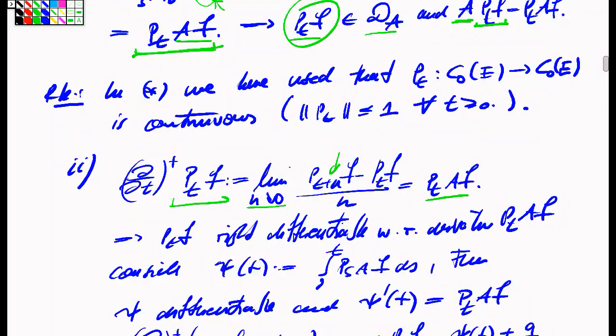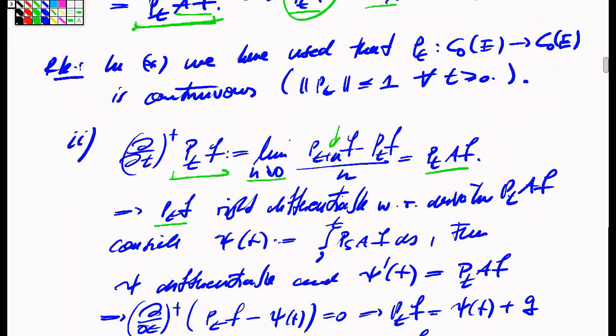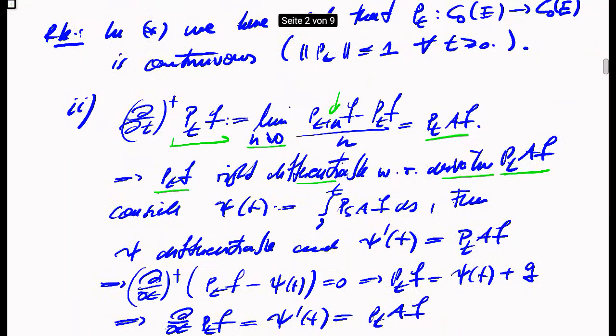That's a consequence of the previous argument, which is to say that the function PtF is right differentiable, and the right derivative of this function is given by PtAF.